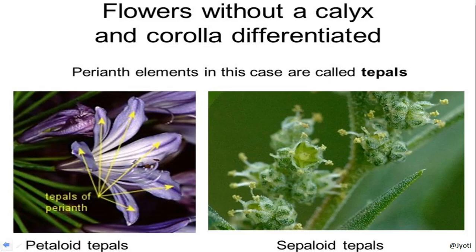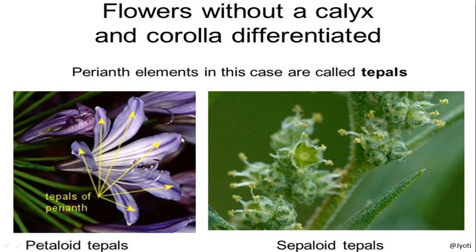Then there are certain flowers in which you cannot differentiate the calyx and corolla. So here you can see the flower. Here you cannot identify which one is calyx and which one is corolla. Both are equal sized, both are equally colored.